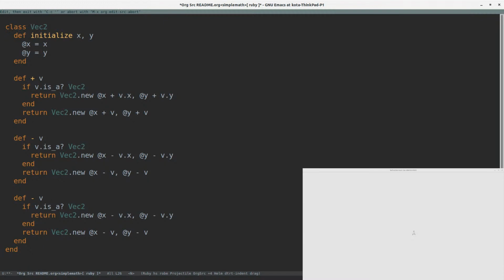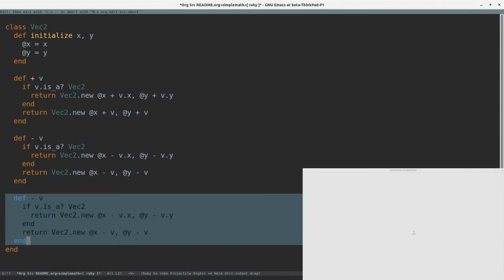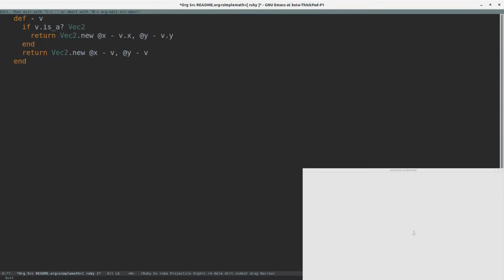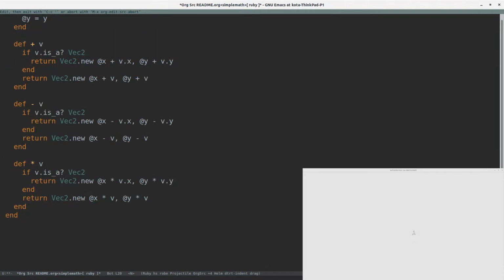For multiplication, I'm thinking that by default it will be element-wise multiplication. Not that that's most commonly used, but it simplifies things a little bit. I like to be explicit about the different types of multiplication that we use, so element-wise is kind of the default in a way.